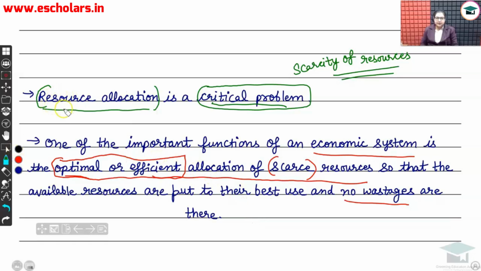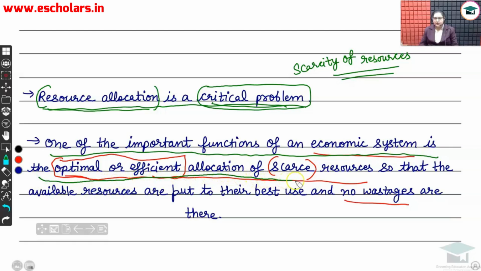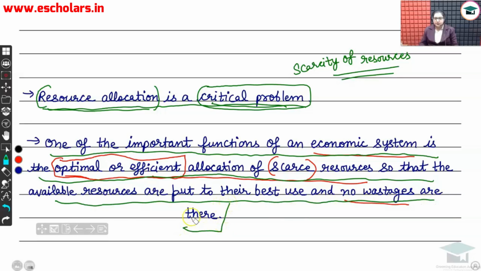So let's recall it till now. Resource allocation is a critical problem. One of the important functions of an economic system is the optimal or efficient allocation of scarce resources so that the available resources are put to their best use and no wastages are there.